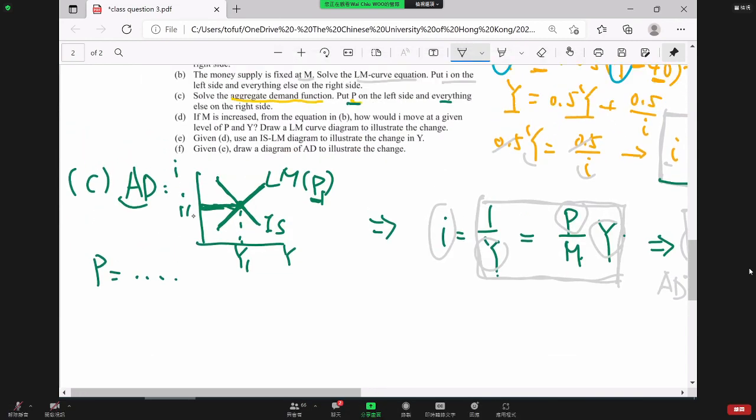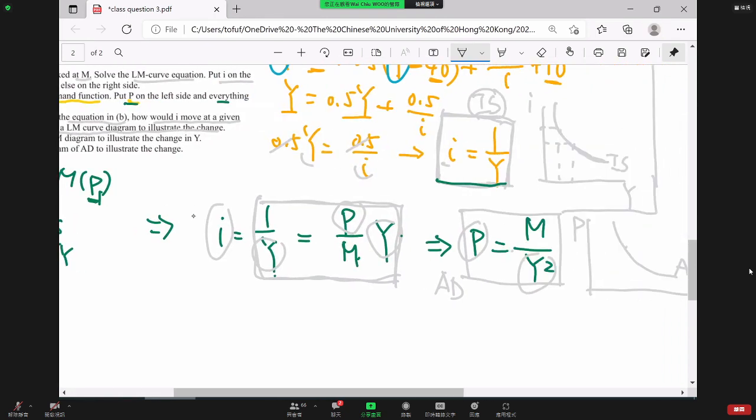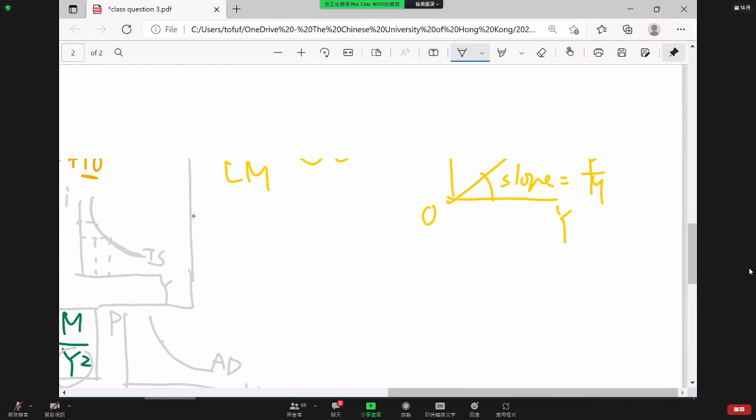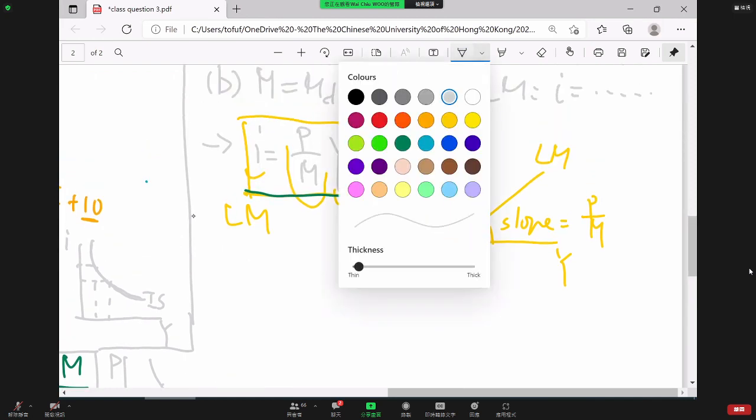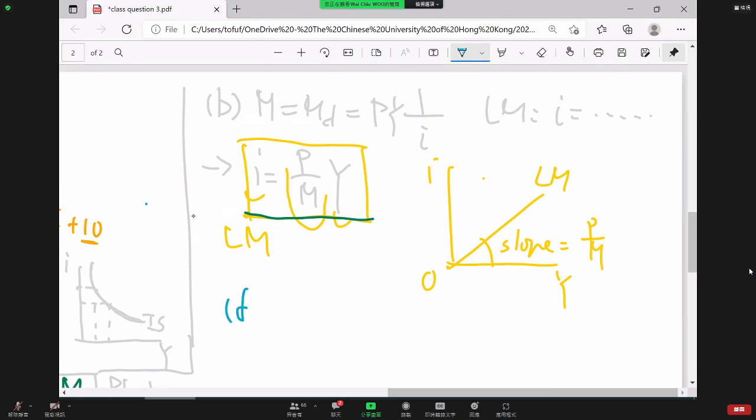Now, D. If M is increased from the equation in B, how would I move at the given level of P and Y? Draw an LM diagram to illustrate the change. So the equation in B is the LM, right? The equation in B is this LM function. Okay, now we have D, right?